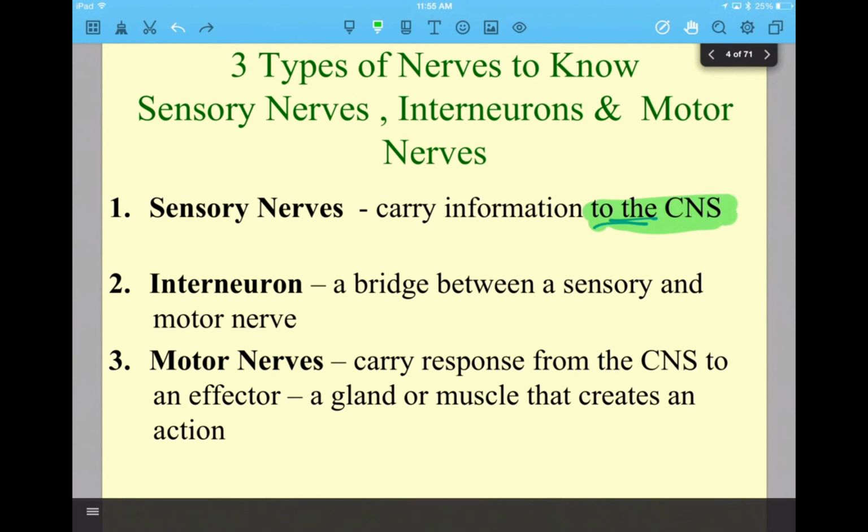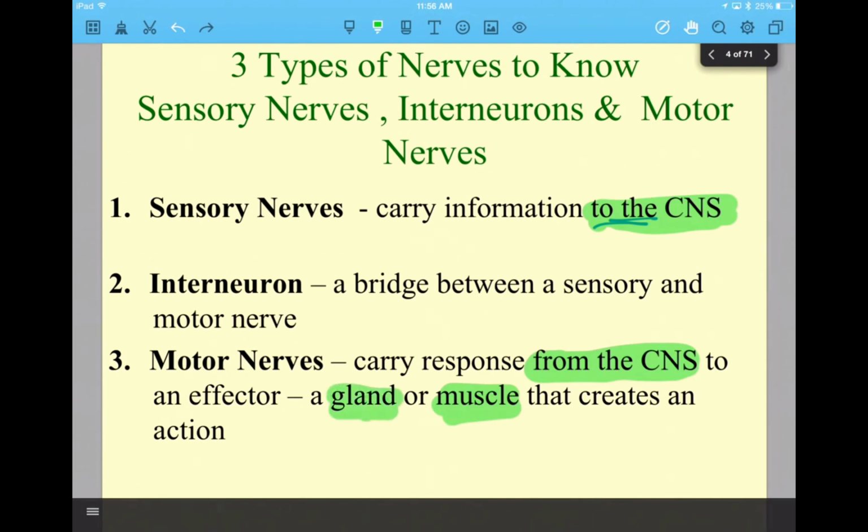Now, once that information comes to your central nervous system, for example, if you put your hand on a hot stove, then you would want to produce a response. So when you send signals from the central nervous system, let's just highlight that. Those signals will either go out to a muscle to pull your hand away from a hot stove, or they could go to a gland.